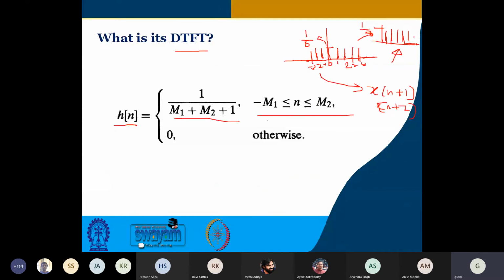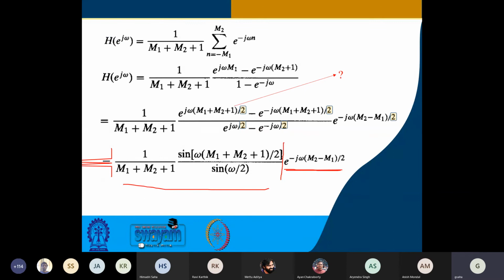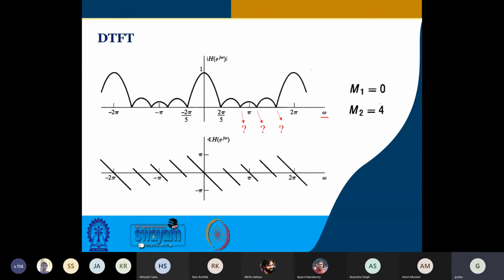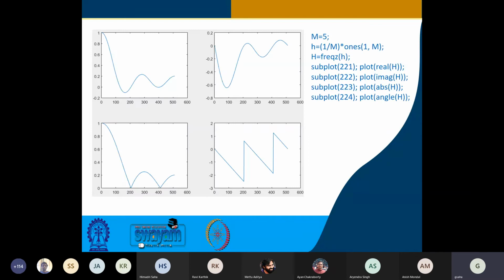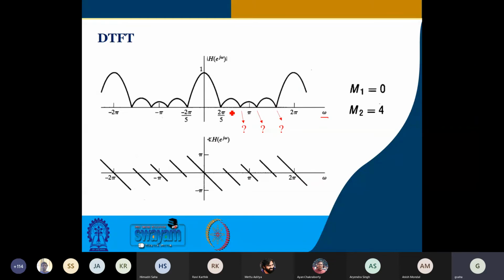At that time, this value is your 1, okay? And the first 0 comes when this denominator is 0, okay?